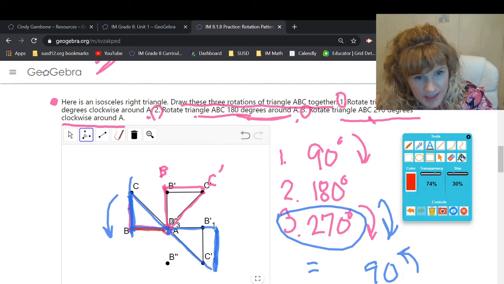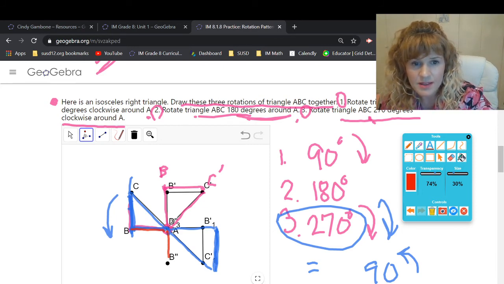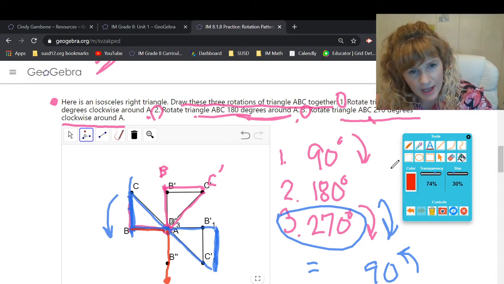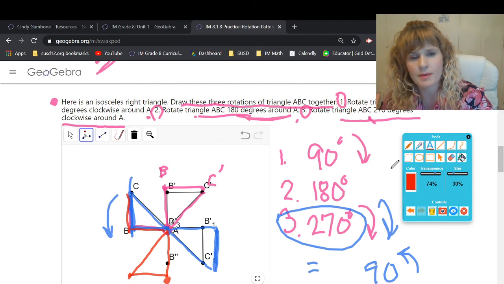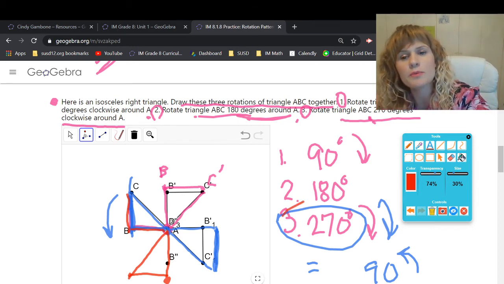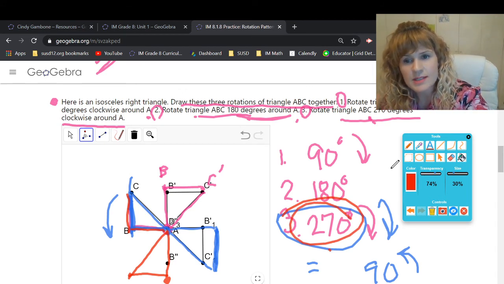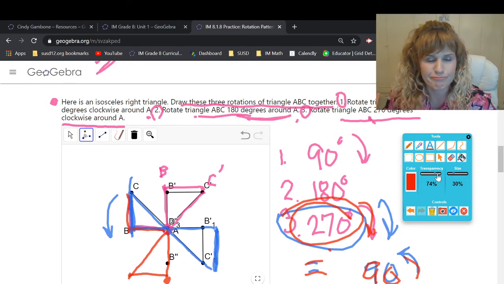If this line segment BA is rotated 90 degrees counterclockwise, then it's going to be here pointing down. And if line segment CB is rotated 90 degrees clockwise, it'll be here. Then I can just draw my hypotenuse. Okay, let me test this, but when I do, I'll put in 270. Then you can see that 270 degrees clockwise is equal to 90 degrees counterclockwise.